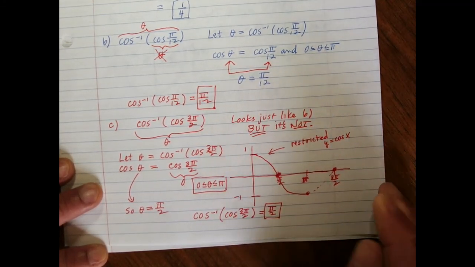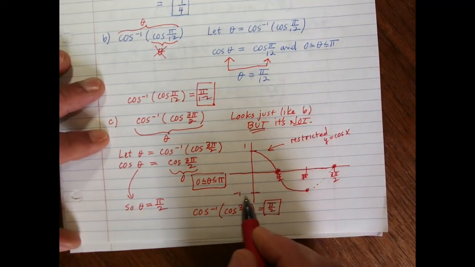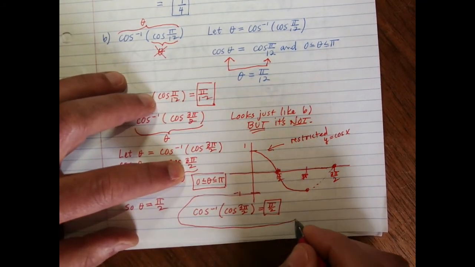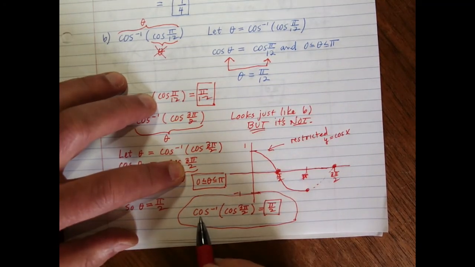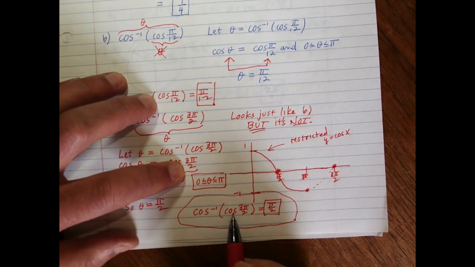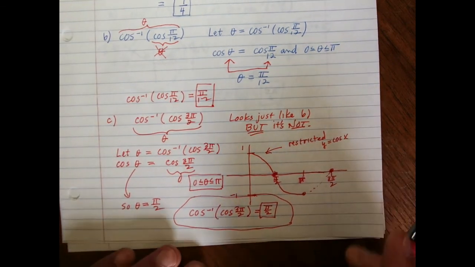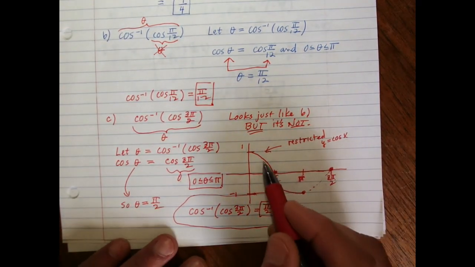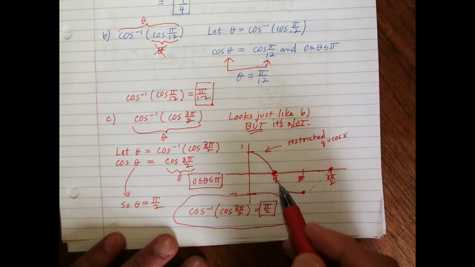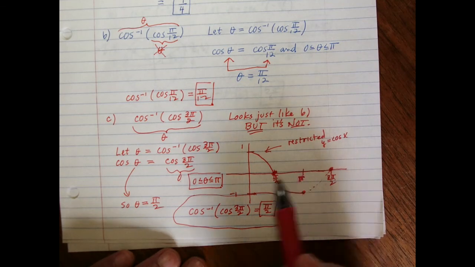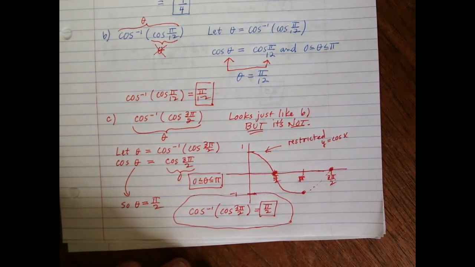So this one you got to think about quite a bit, because that should seem strange that we're composing an inverse with a function and we're not getting back the same thing. And it's because this 3 pi over 2 is outside the interval of the restricted domain, and so that kind of cancellation property no longer applies.